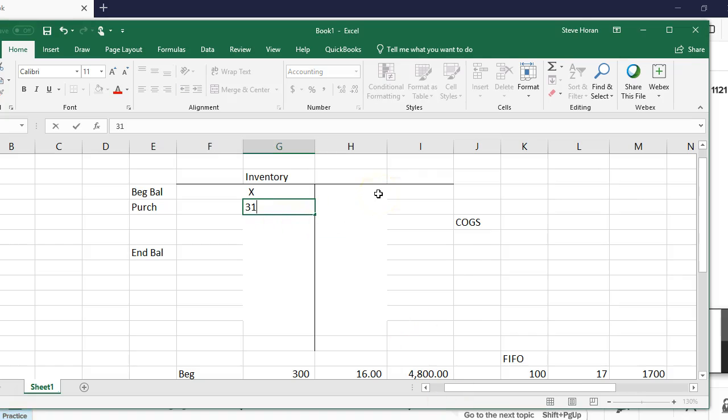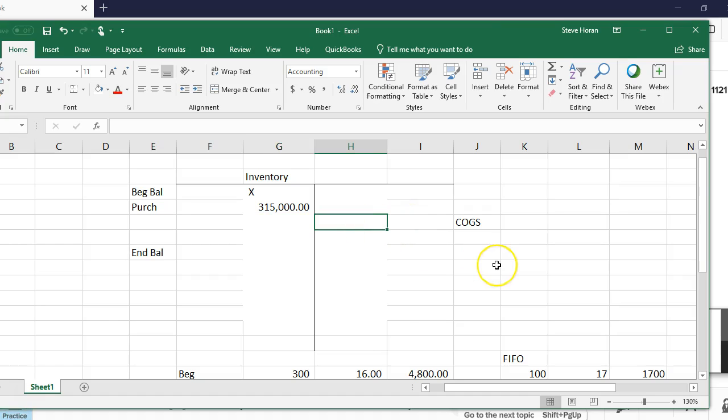So my purchases are 315. And actually, let me just type that in as the cash amount of 290 plus the increase in AP of 25. Okay, so it's those two numbers together is the 315.